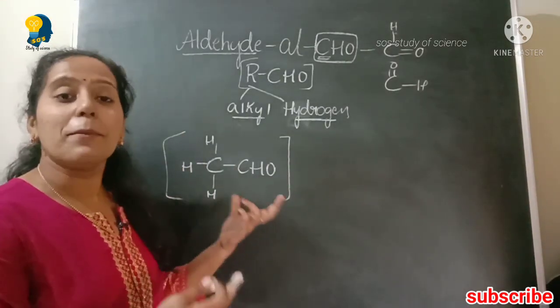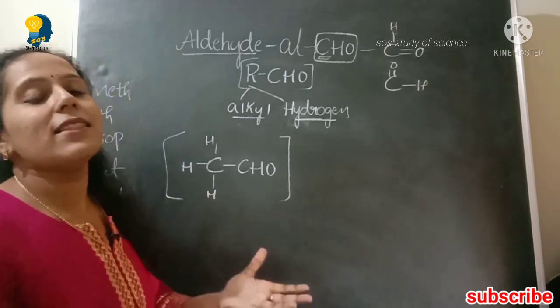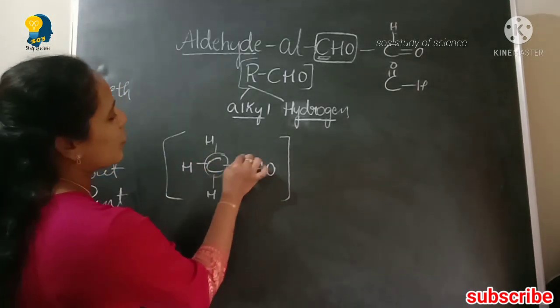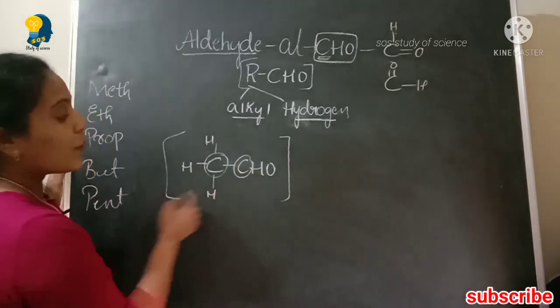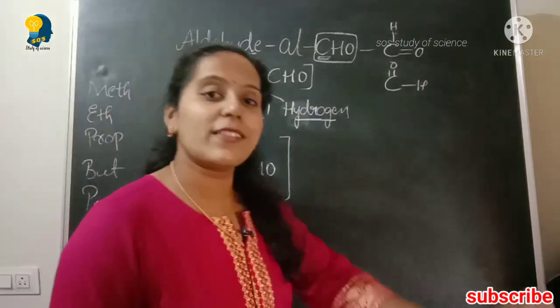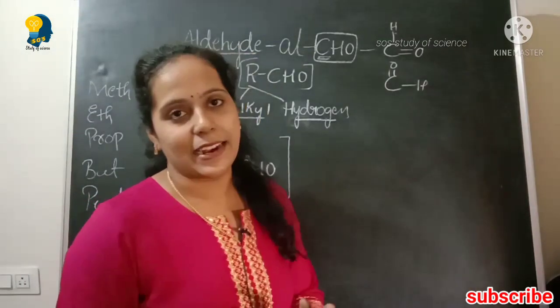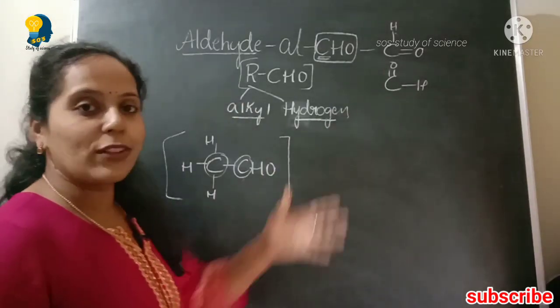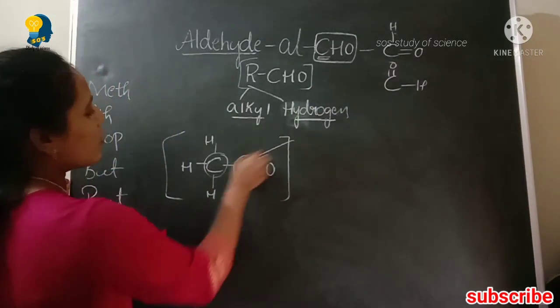Does it match the meth property? Meth is nothing but there should be only 1 carbon, right? You can see there are 2 carbons together here. So as it is having 2 carbons, we cannot write alkyl for the first member under the aldehyde. It is not possible. So that is the reason we have the substitution, that is the hydrogen. See, this is wrong now.